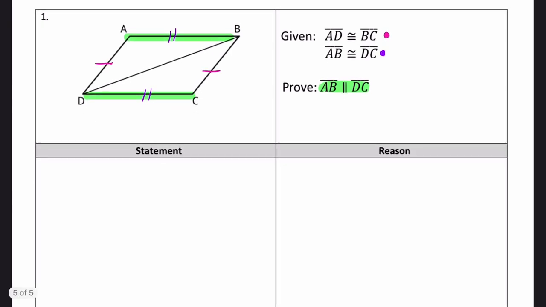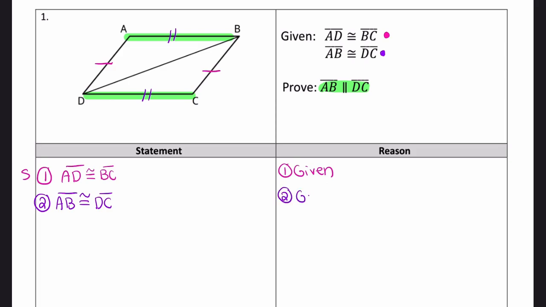So let's think about this. I have some one and done givens, which means if I start with number 1, and I say that AD is congruent to BC, that's given. And I love that as a given because it's automatically giving me a side, right? It's a one and done given. Then if I go to my second given, which is that AB is congruent to DC, that is also given, and that is also glorious because that is giving me a side.